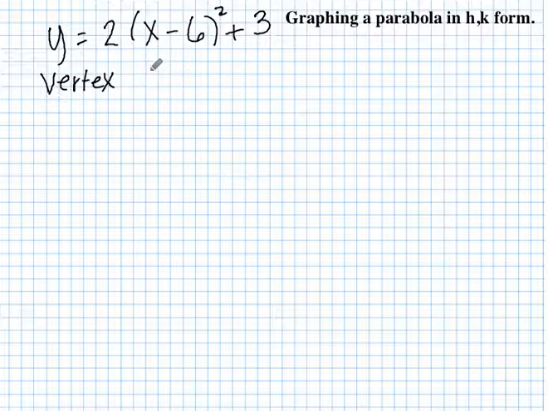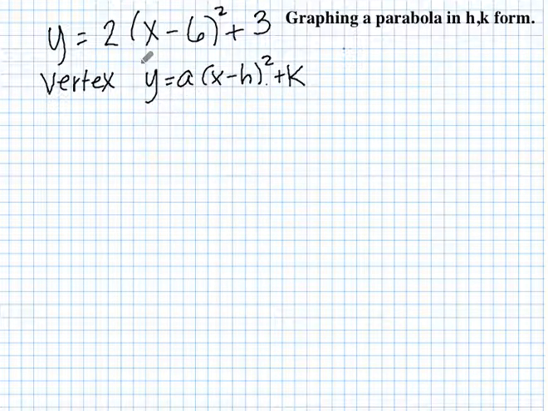So let me just show you what HK form looks like. Y equals A times (X minus H) squared plus K. That will help you to identify what values are what. In our example here, A is 2, H is 6, and K is 3.